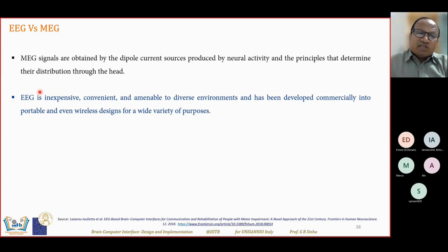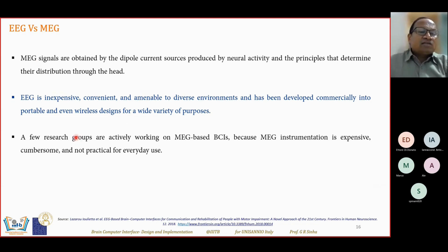EEG is very inexpensive, very convenient and amenable to diverse environments, and it is now becoming portable as well, and has been developed commercially into portable and even wireless designs for a number of purposes and applications, unlike MEG. In case of EEG, there is no dipole.